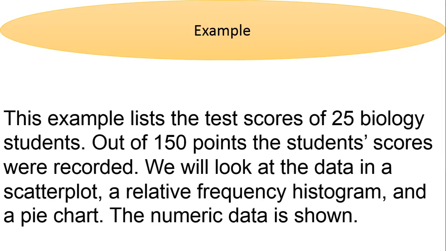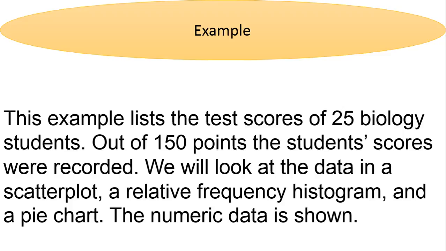We will take another example in order to illustrate other ways of representing data. In this example, we have a list of test scores for 25 biology students, out of 150 points, where the students' scores were recorded. We will look at the data in a scatter plot, a relative frequency histogram, and a pie chart.